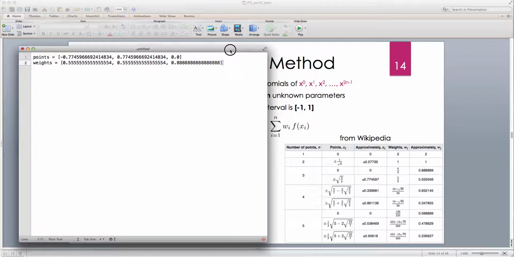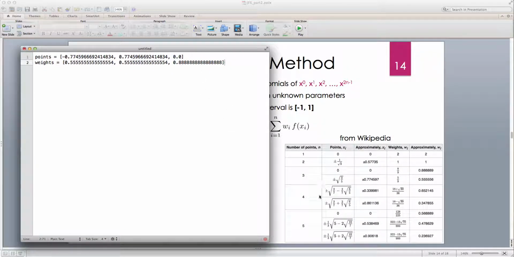Okay, so the points are 0, and its corresponding weight is 0.8888, which is 8 over 9. All right, and then we have plus and minus 0.774597.